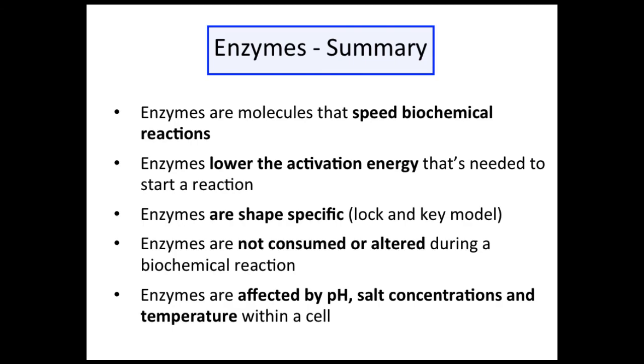Enzymes are shape-specific. Enzymes are not consumed or altered during a biochemical reaction. And finally, enzymes are affected by pH, salt concentrations, and temperature within a cell. If enzymes are denatured, they no longer will function.